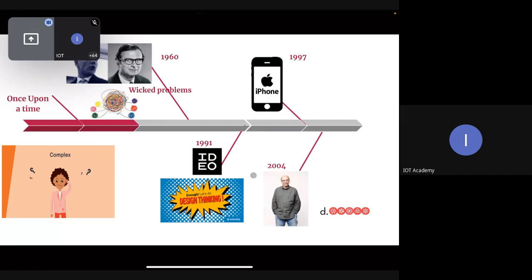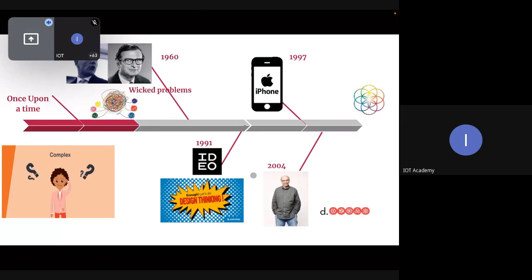In 2004, David Kelly founded the D School. Now, the D School is the hub for innovation, collaboration, creativity, and he promoted design thinking to not be limited only to the fields of design, engineering, etc. He wanted it to be spread to other fields because he understood the potential of design thinking, and he decided that it can be spread to other spheres like education, health, government, and beyond.